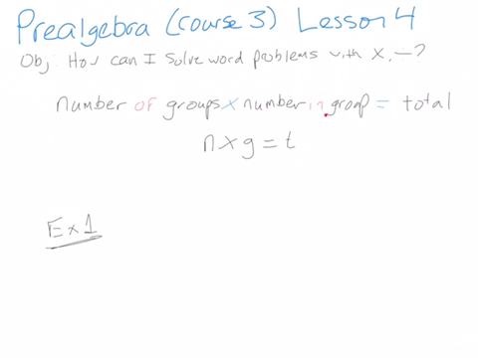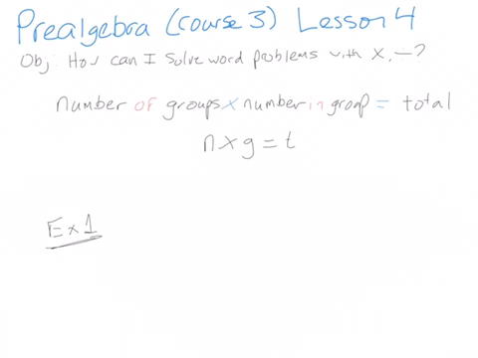So each group of chairs has 3 in it, or each group of people has 5 in it. And so if you multiply those together, it will equal the total, like the total number of people, the total number of chairs. So we kind of just abbreviate this into n times g equals t. N being the number of groups, g being the number in each group, and t being the total.